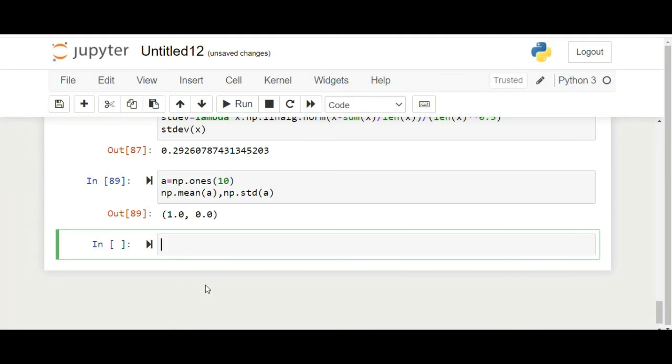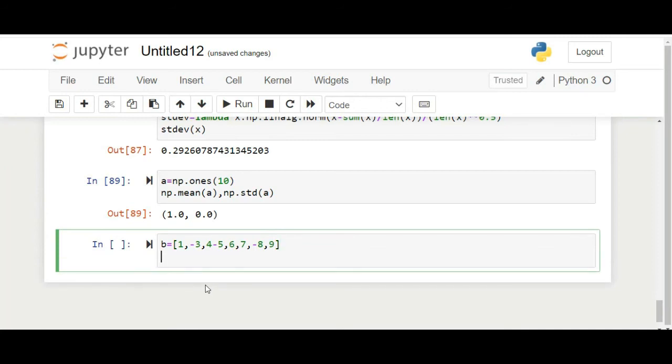For example, if I define a vector b, b is equal to 1 comma minus 3 comma 4 comma minus 5 comma 6 comma 7 comma 7 comma minus 5 or minus 8, and similarly 9, just like that.